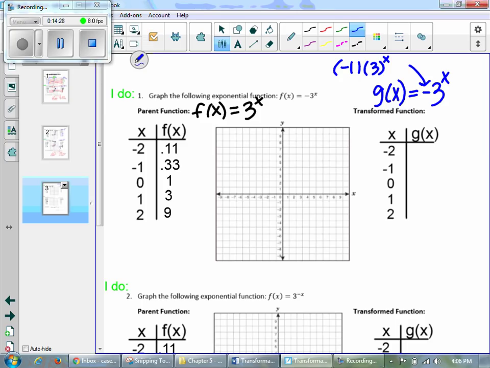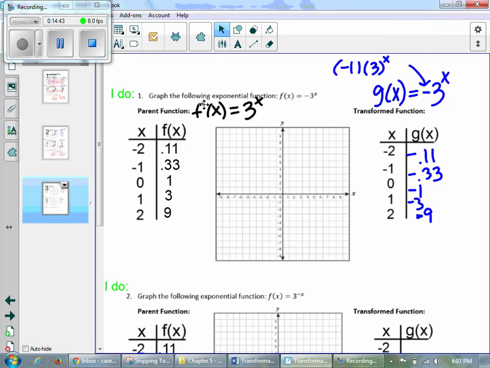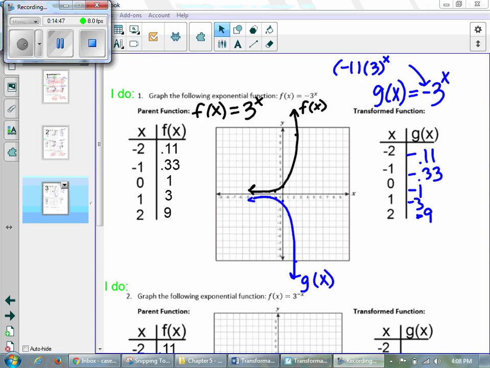Now, speaking of that, why don't you go ahead and try it and see if you come up with the same values that I have. I'm going to go ahead and fill in my table. I'm also going to pause the video and create both graphs and label them. I have created both graphs on the coordinate plane. Holy moly! What happened?